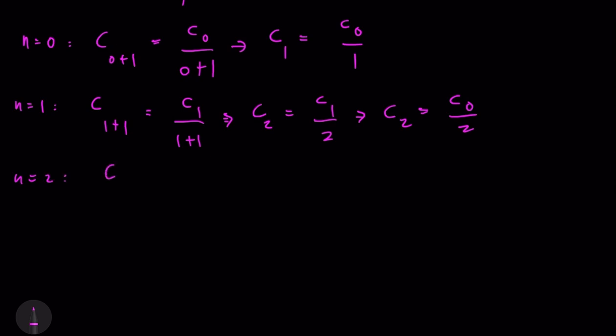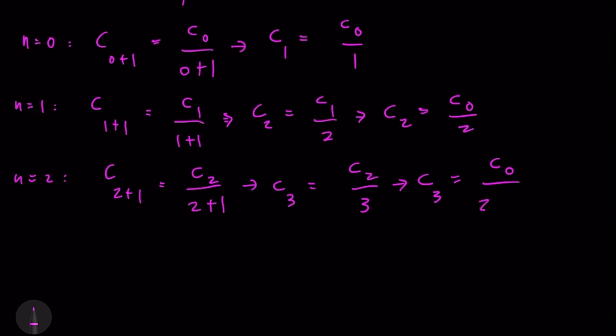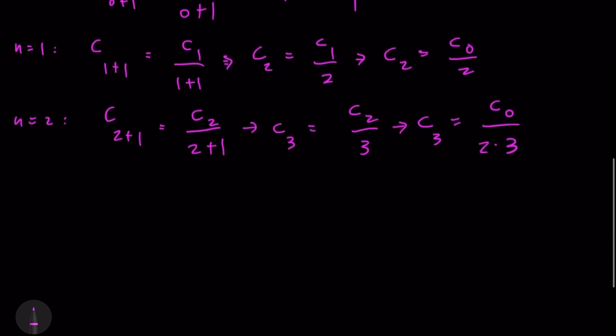Okay, let's see the n equals 2 case. So we have c sub 2 plus 1 is c sub 2 over 2 plus 1, but that tells us that c sub 3 is c sub 2 over 3, but we said this is c sub 2. So c sub 3 is c sub 0 over 2 times 3. So let's keep going.